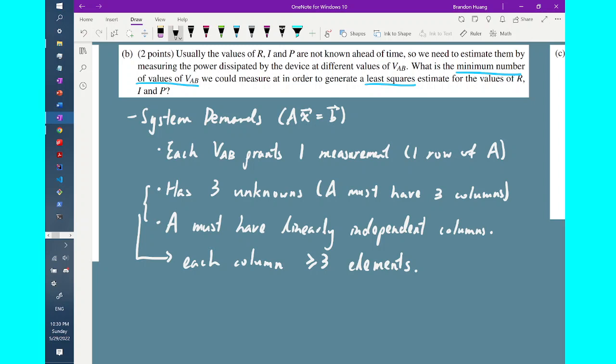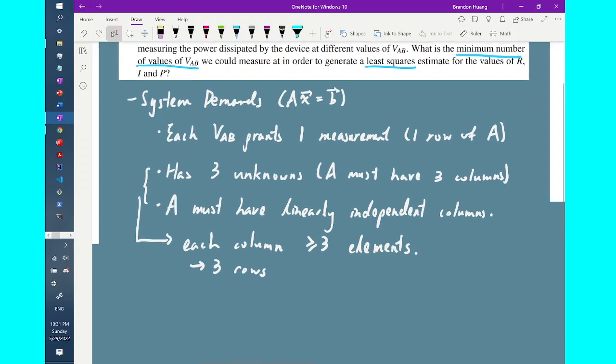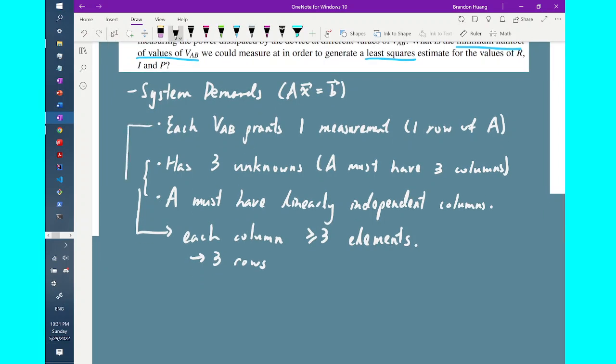So I need at least three elements in each column so that it has the chance to be linearly independent. Which means we need three rows, because each element takes a row in the column. So combining this point with the first point, I will need at least three measurements of VAB, such that A still has linearly independent columns.